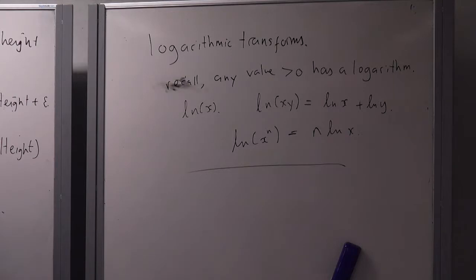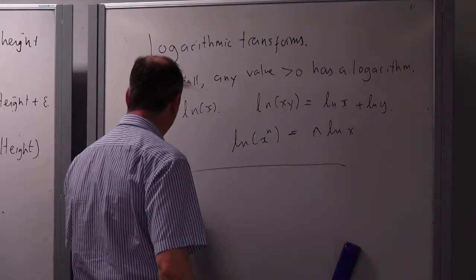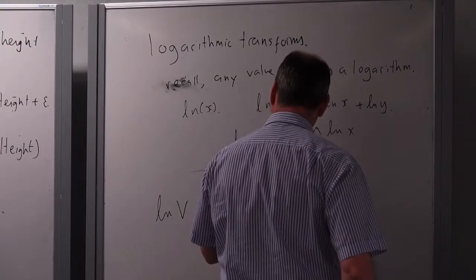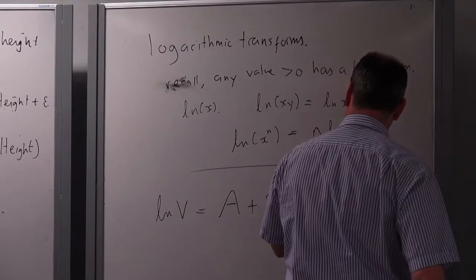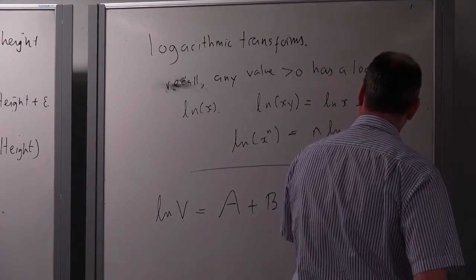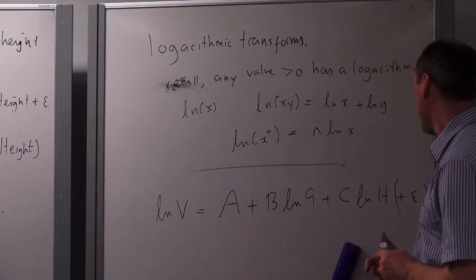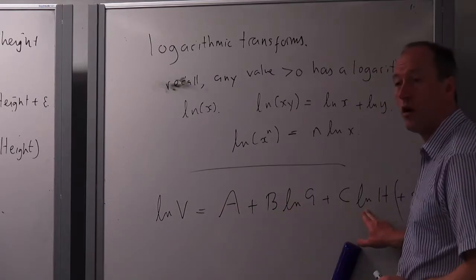And instead of considering the girth and the height, I'm going to consider the log of the girth and the log of the height. So my regression now looks like this. Log volume equals a constant plus another constant times the log of girth plus another constant times the log of the height, possibly plus an error, which I might ignore. So now it's log, log, and log.